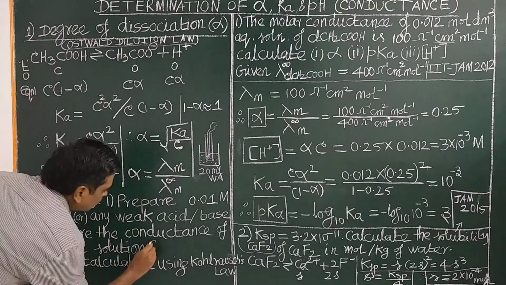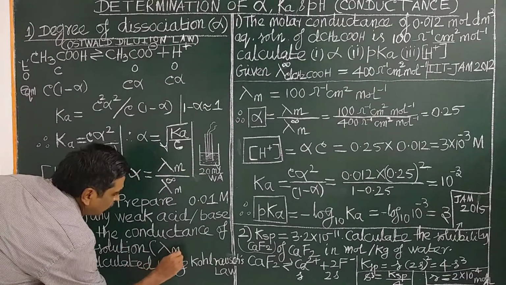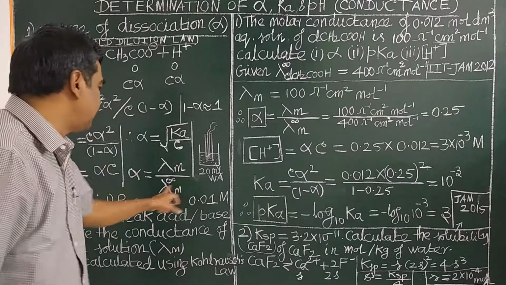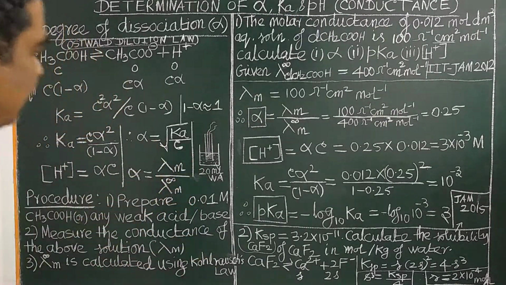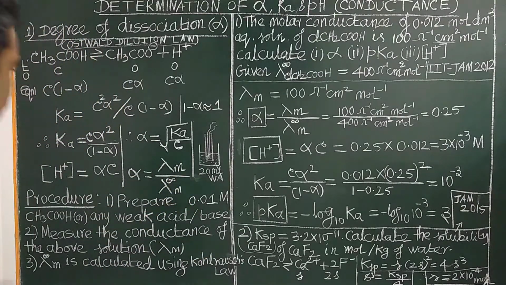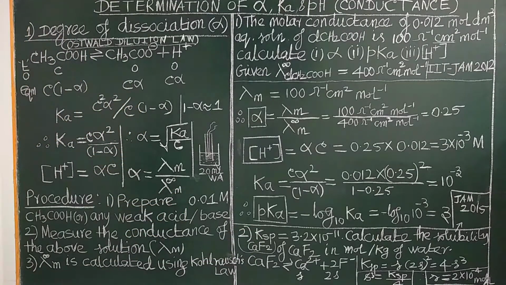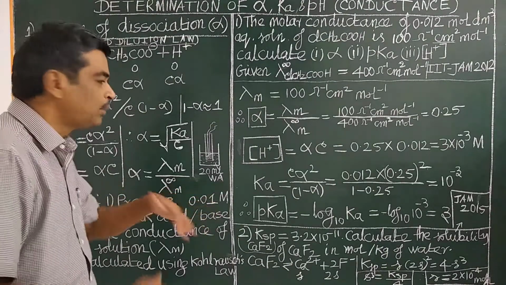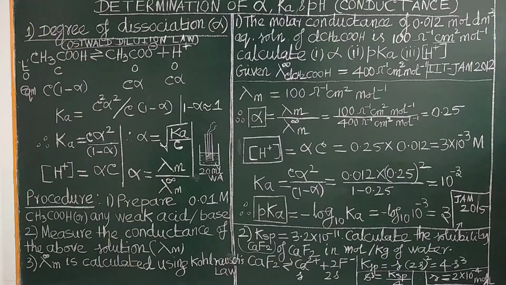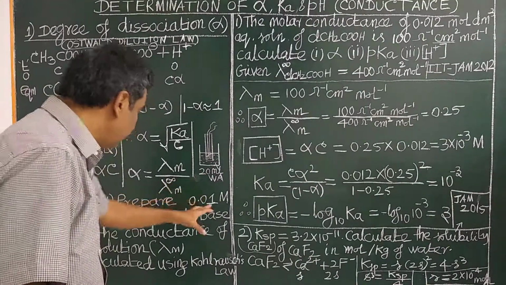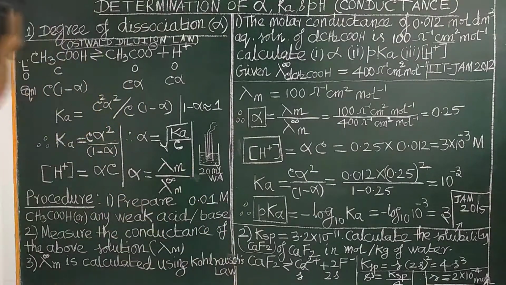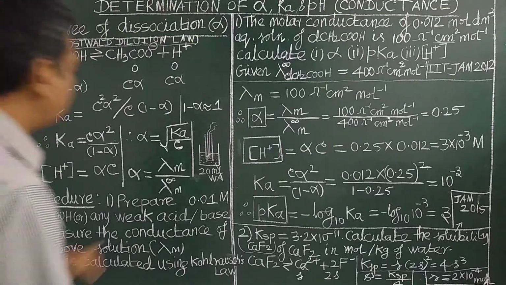And lambda infinity, the molar conductance at infinite dilution or limiting concentration, can be calculated using Kohlrausch's law. Please watch the Kohlrausch's law video on how the molar conductance at infinite dilution is calculated.